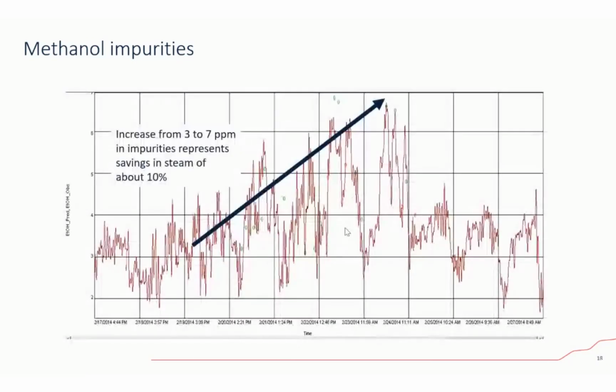So you could say that an increase from 3 to 7 ppm in impurities provided savings in steam of about 10%. And this is important, right? 10% savings in energy. If you're paying for that energy, which you typically are, this is just steam, which means there's most likely a boiler generating that steam.